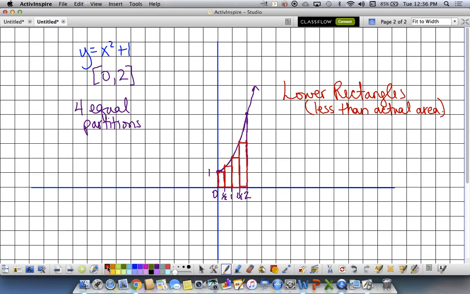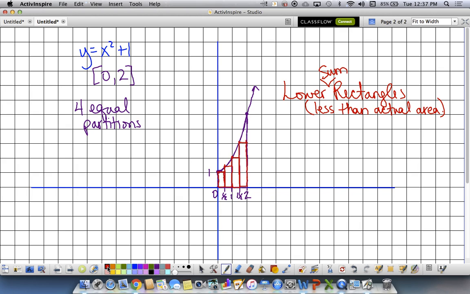The lower rectangles will be less than the actual area. Now, is there a way to find the area of each rectangle? There is. We call this the lower sum, or lower rectangles.